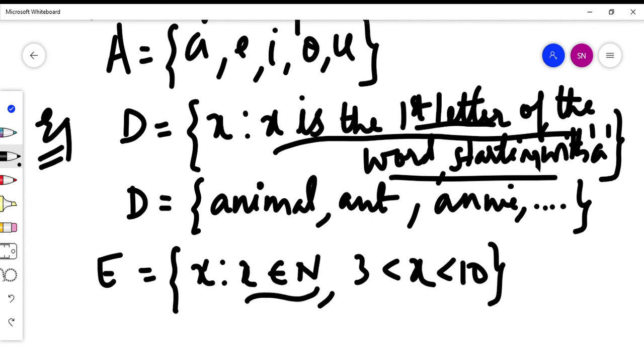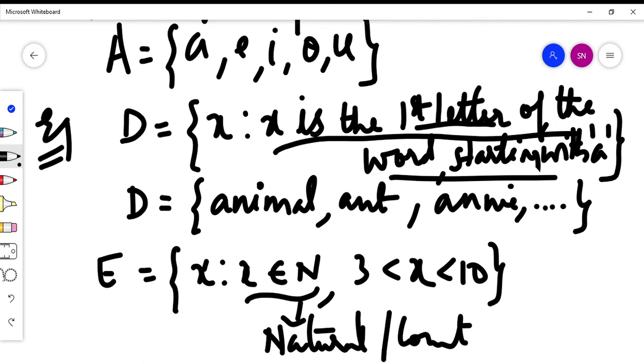In my previous video, I discussed different varieties of numbers and certain denotations. You should be well versed with what these denotations are called. So x belongs to N is nothing but natural numbers, or countable numbers.